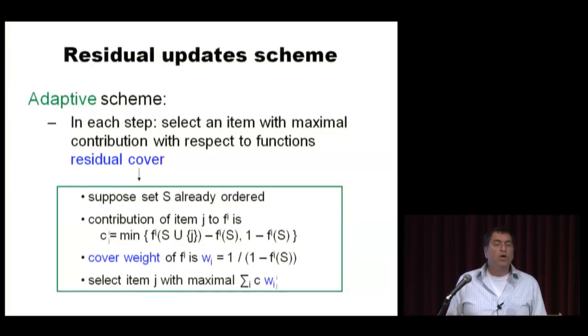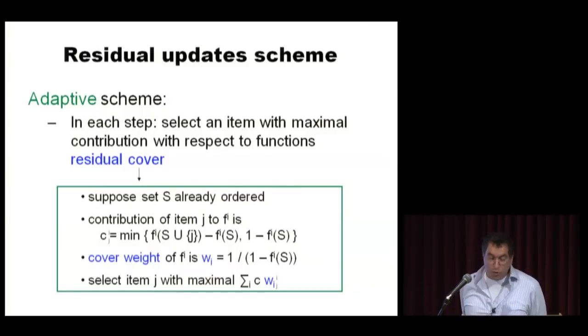But now we weight this value by how close the user is to being happy. If he's very close to being happy, then we give it more weight, because then we are actually going to make him happy soon. And making people happy is good. So this is why we have this weight.